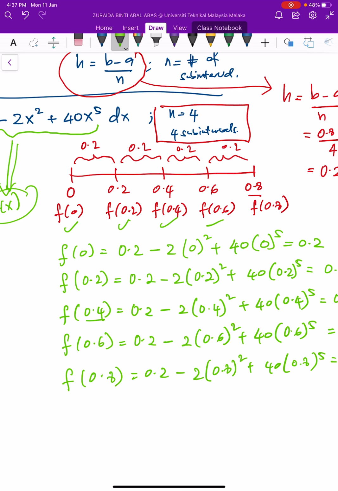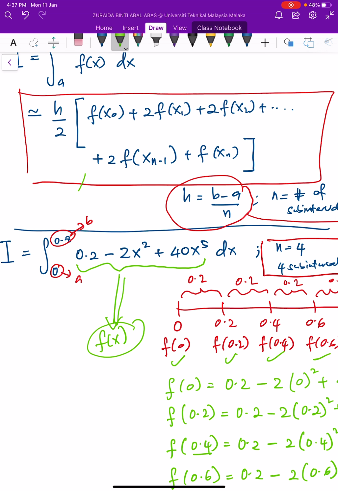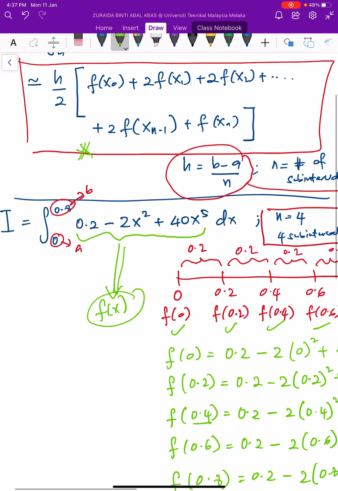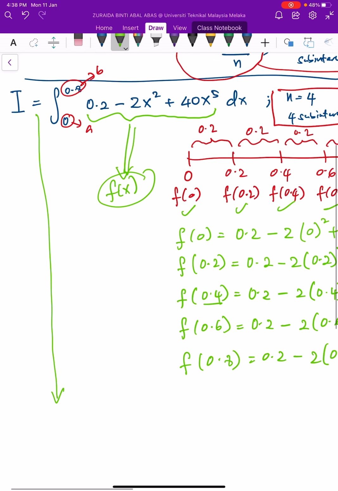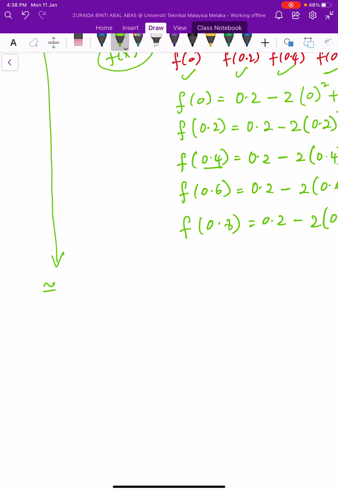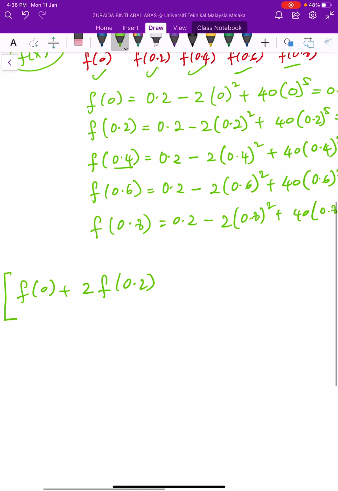Okay. So at the end, you see here that you have evaluated all of these functions, and you need to plug into this formula. I need to rewrite this again. Imagine this is the continuation from this line here. So it's going to be h over 2 multiplied by f(0) plus 2f(0.2) plus 2f(0.4), plus 2f(0.6) plus f(0.8).